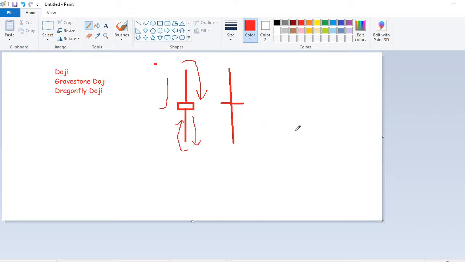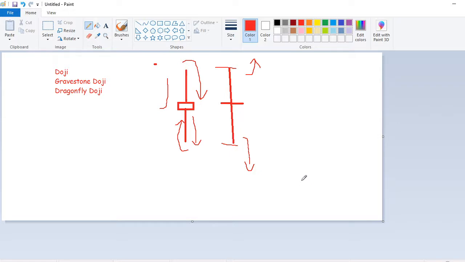So there is no clear trend. The trend is very weak and in confusion mode. The buyers could not dominate the session and the bears could not dominate the session. We need to get confirmation on which side it is going to go. If it breaks the higher side of this doji, then it can go up, and if it breaks the lower side of this doji, then it can go down. That's how you can read it.